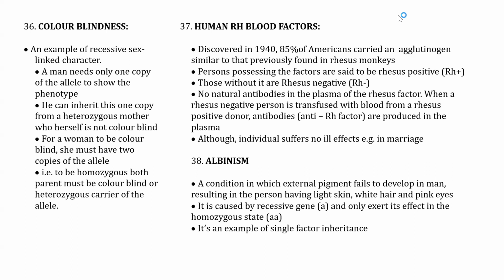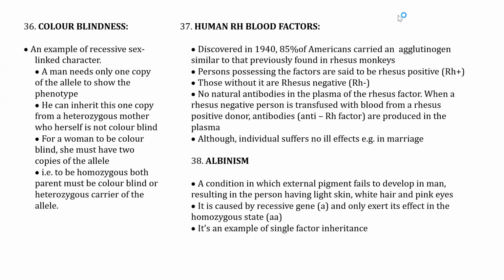Rhesus positive individuals don't have natural antibodies. What are antibodies again? They are kind of white blood cells, and what they do is they fight against any foreign body, any foreign substances, even if it is another blood that is being introduced. Once it is not like them, they fight against it.